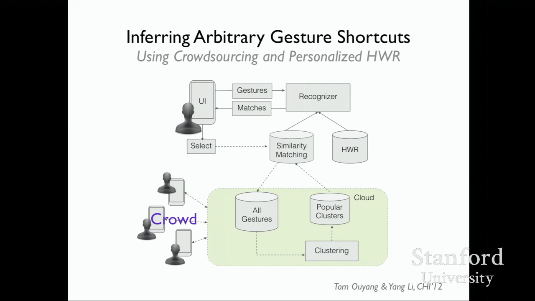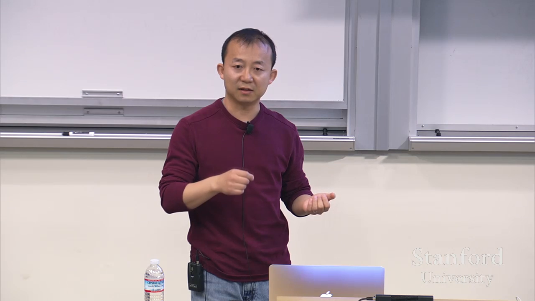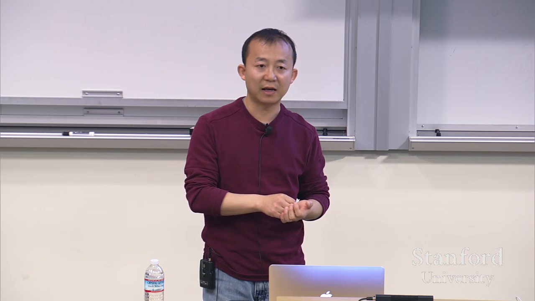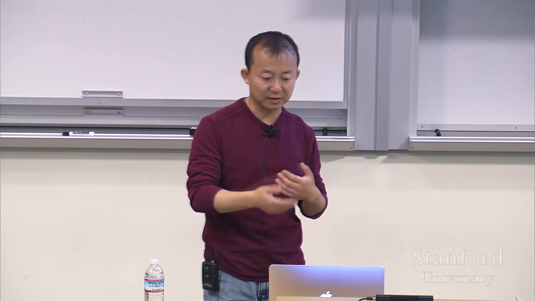For each unknown gesture, it asks the cursive handwriting recognizer to recognize it, using a language model that is dynamically constructed based on the data on the device. At the same time, the unknown gesture is matched against the gestures that have been used by the user and other users, like that's a crowd.